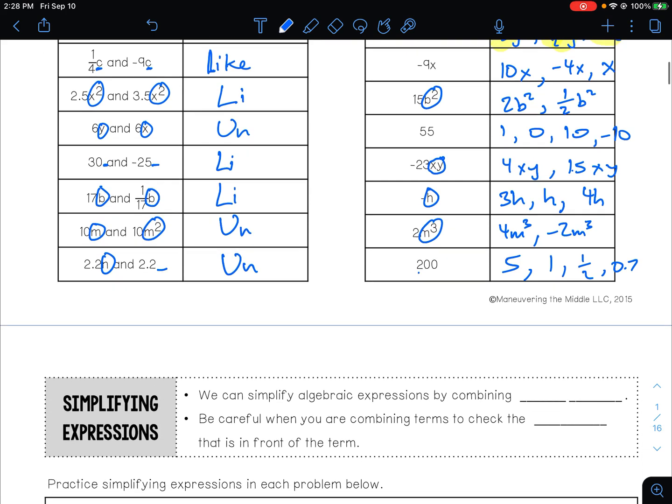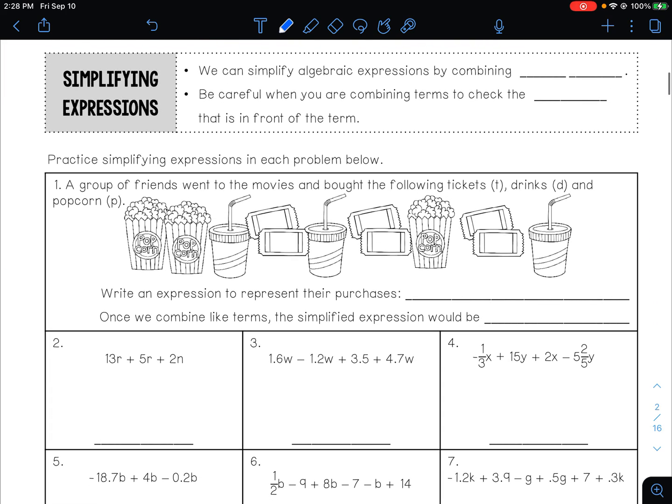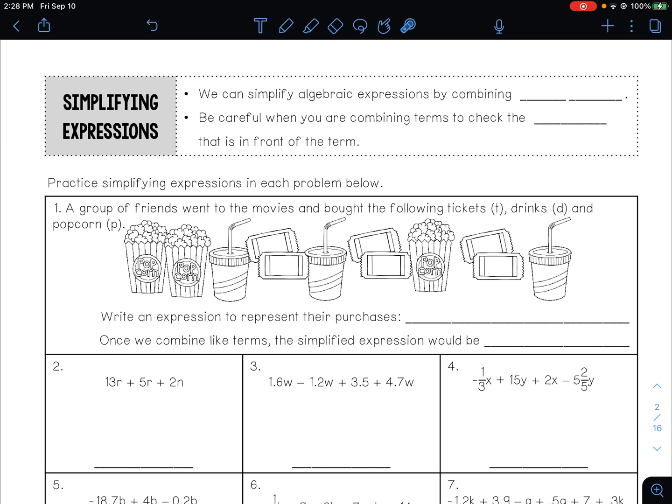All right. Simplifying expressions. Let's talk about that. We can simplify algebraic expressions by combining the like terms. Oops, I did not draw an L. Like terms.